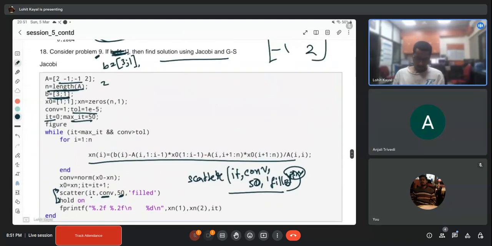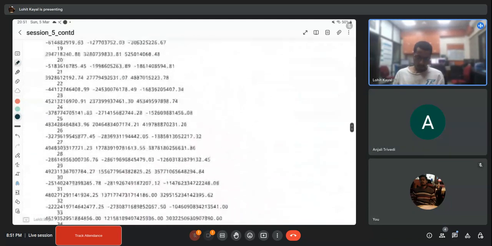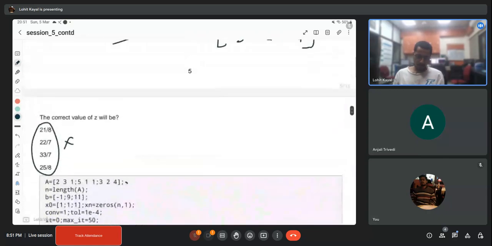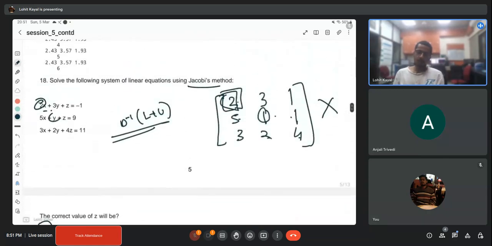And in this example, I have shown that diagonal dominance is a sufficient condition. So if this matrix is diagonally dominant, then Jacobi iteration will definitely work.